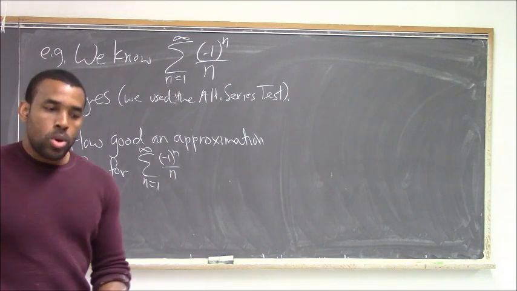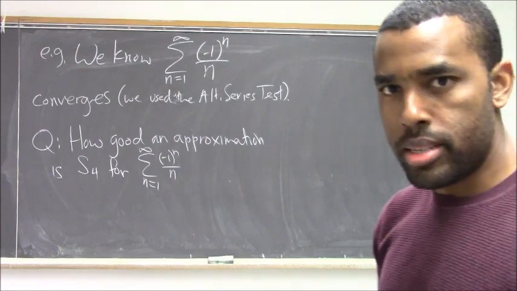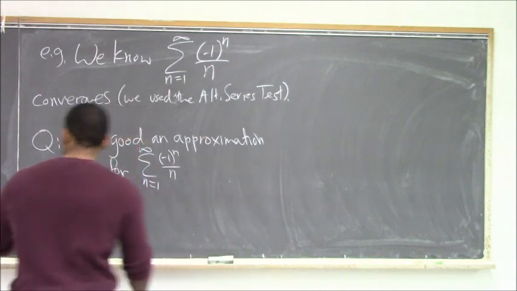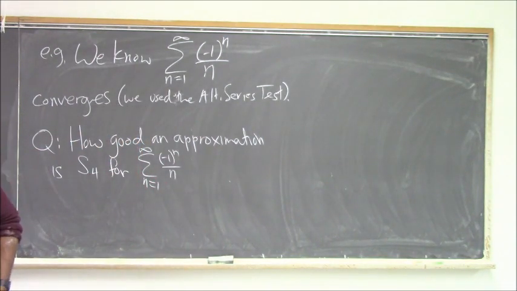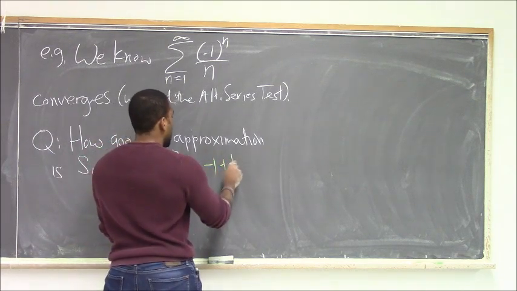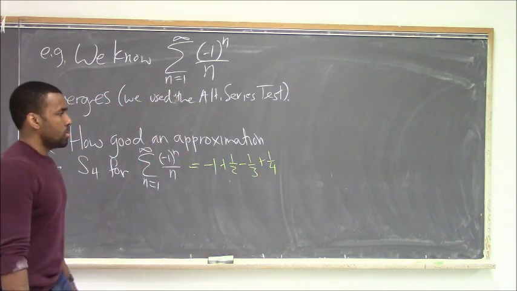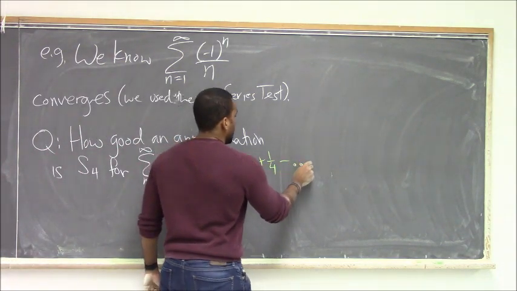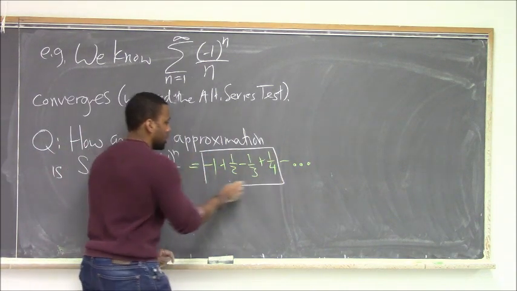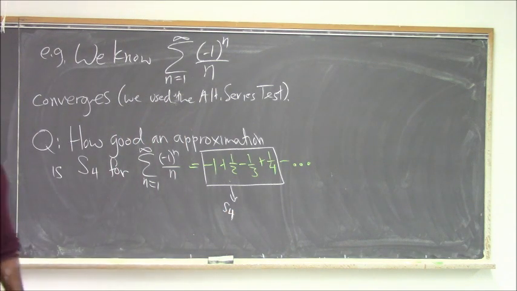In other words, if I were to add up the first 4 terms, how close would I be to the actual answer if I were to add up an infinite number of terms? So we know that this is going to be -1 plus a half, minus a third, plus a fourth, minus dot, dot, dot. However, the first 4 terms, this is S4.